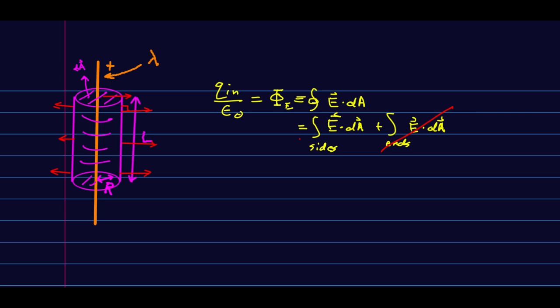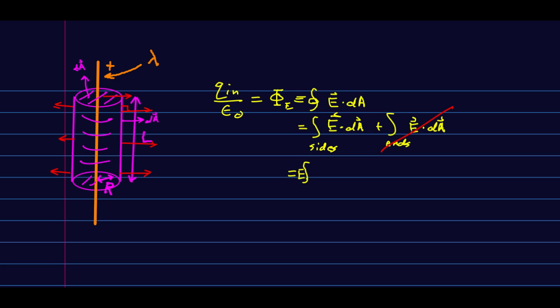And then the other thing we know is that here the E field is parallel to the dA vectors, and so the dot product just results in a cos of 0, which is 1. And the E field is the same magnitude everywhere along this surface, and so I can just pull this out.